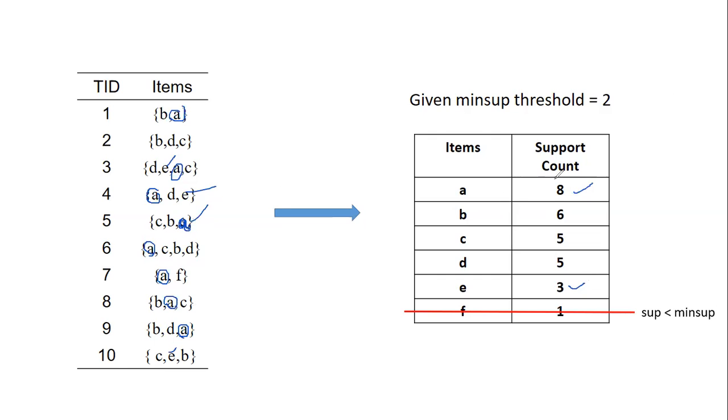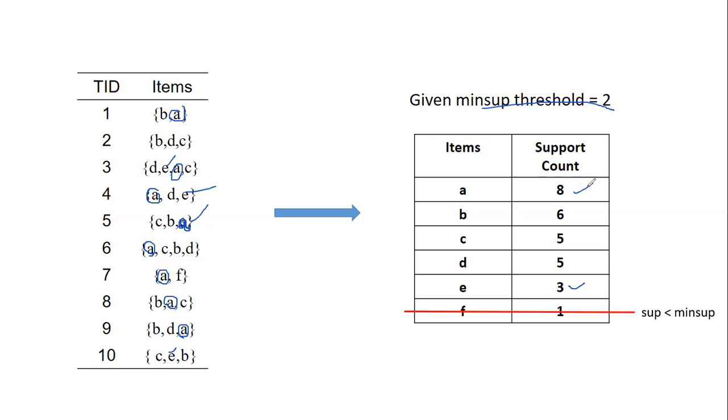So we have to count the support count of every item, and we have to order it in decreasing order. If you see here, it is arranged in decreasing order: 8, 6, 5, 5, 3, 1. The minimum threshold given is 2 here. So what we have to do? We have to eliminate the item which has less than the minimum support threshold.